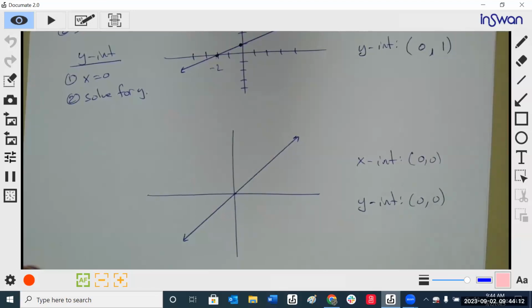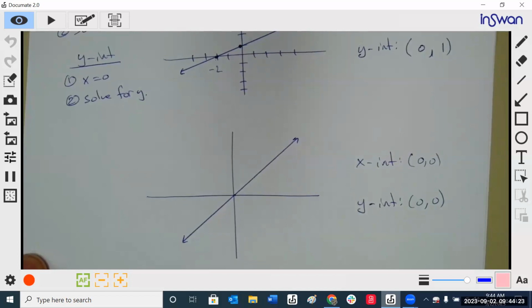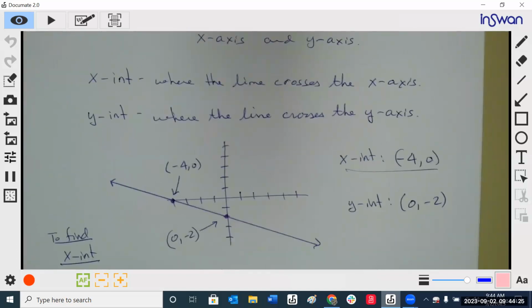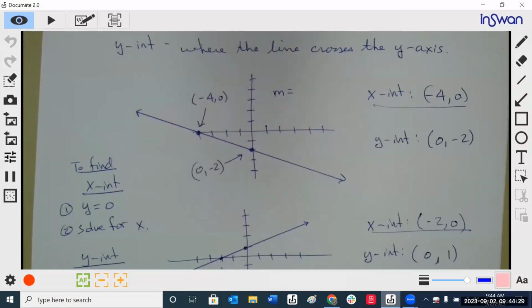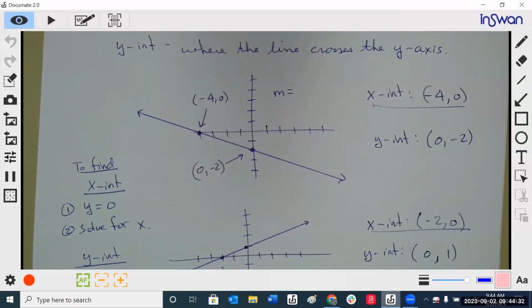Very good. While we have these pictures here, tell me the slope. What's the slope of this one? For the top one.